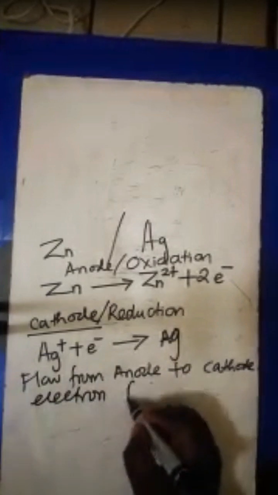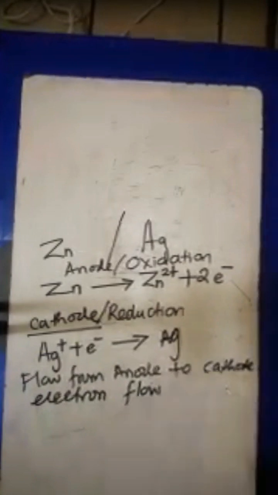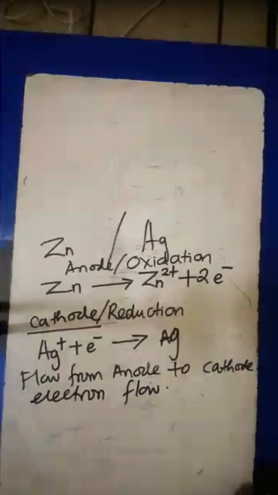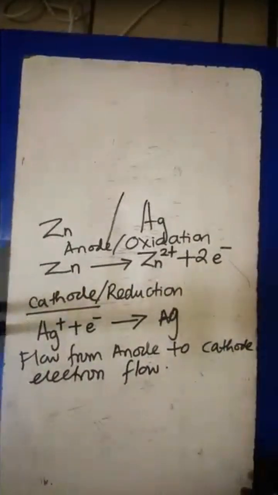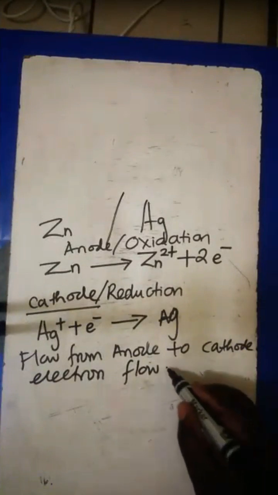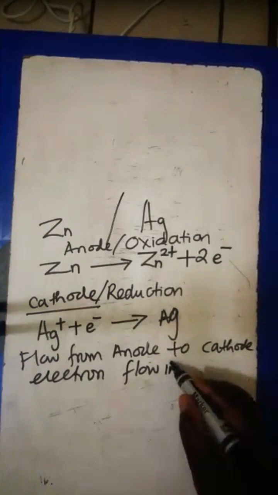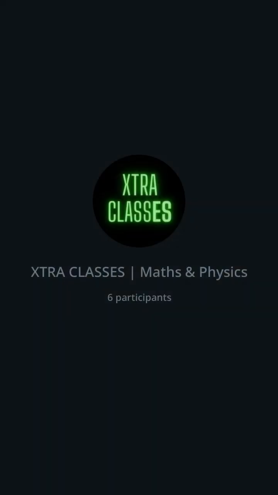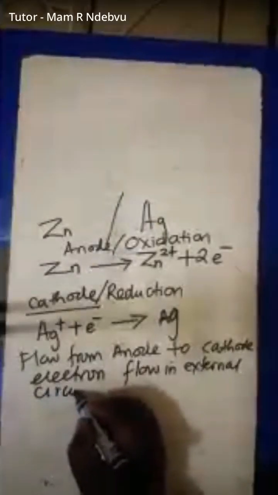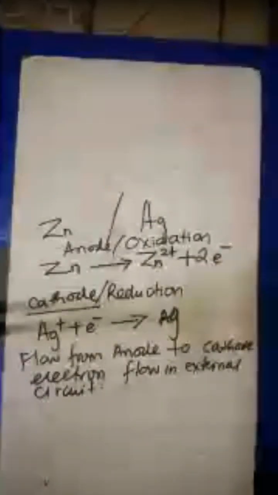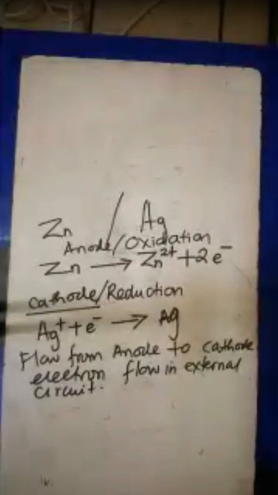Remember, at the anode there is loss of electrons, and at the cathode there is gain of electrons. External means outside, the external circuit. They are lost in the anode, they are gained in the cathode. So electrons flow from anode to cathode.